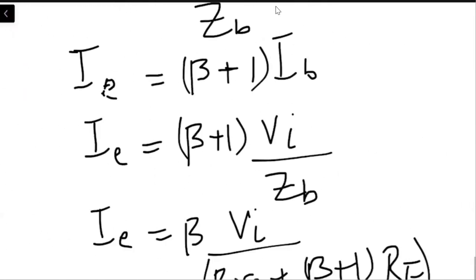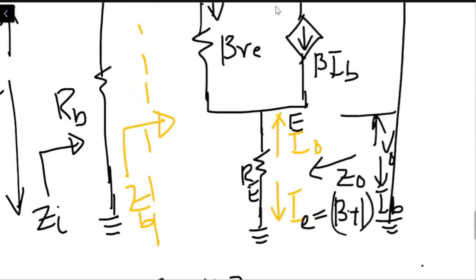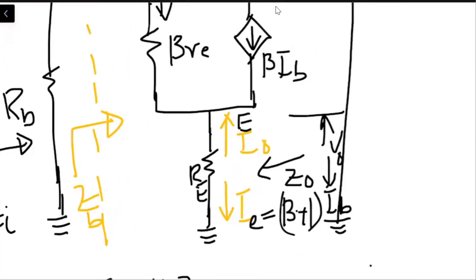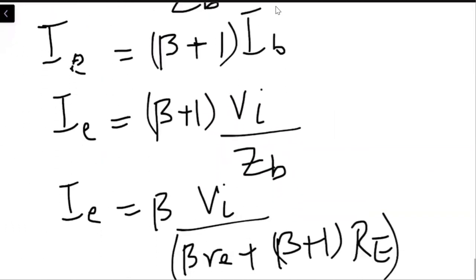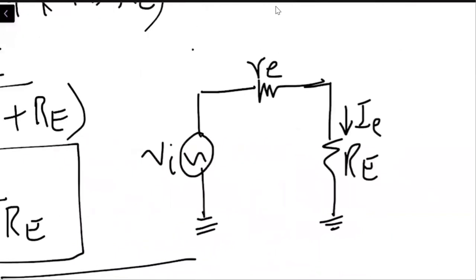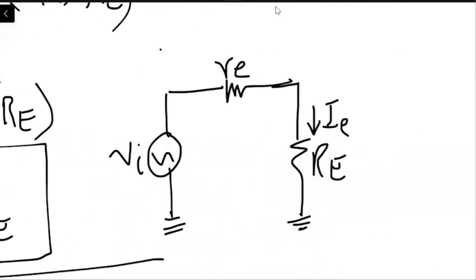what we see is that across RE, we are taking the output V naught, right? So from this circuit, which we have just developed from the equation, across this RE we will be taking our V naught, right?